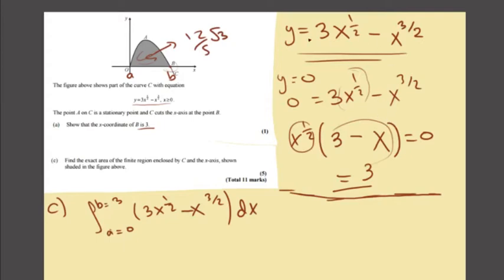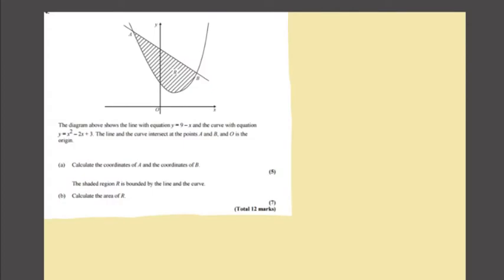Now that we know how to find the area underneath a curve using integration, let's do a bit of a harder question. So this is the harder question. For these kinds of questions, there's a bit of a trick you can do. Rather than finding individually the area underneath a straight line between A and B, and then the area of the curve between A and B, and then taking them away from each other, you could equate the equations, which you will be given.